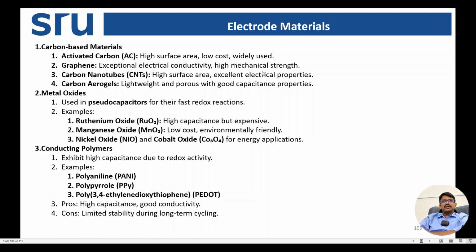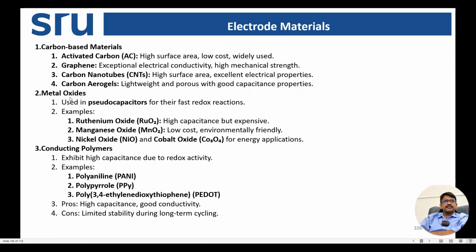Carbon nanotubes have high surface area and excellent electrical properties. Carbon aerogels are lightweight and porous with good capacitance properties. So these are examples of carbon-based materials: activated carbon, graphene, carbon nanotubes, and aerogels.